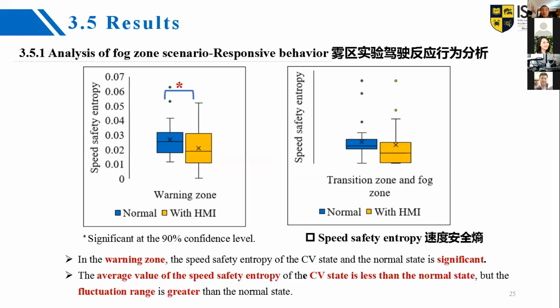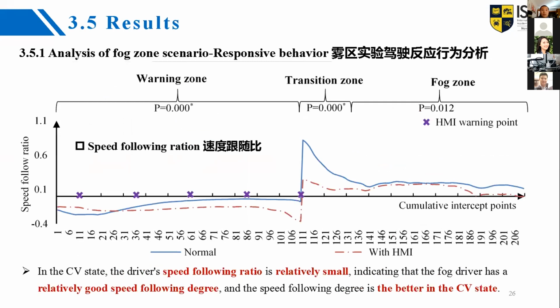In the warning zone, the difference in speed safety entropy between the CV state and the non-CV state is significant. In the CV state, the driver's speed following ratio is relatively small. Then we see that the speed following degree is better in the CV state.